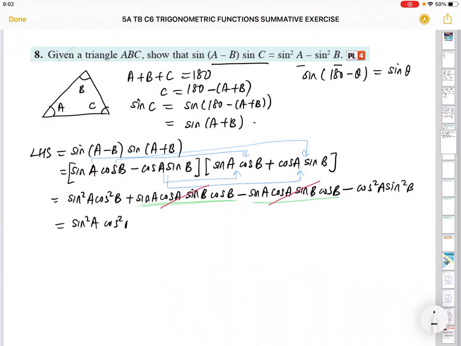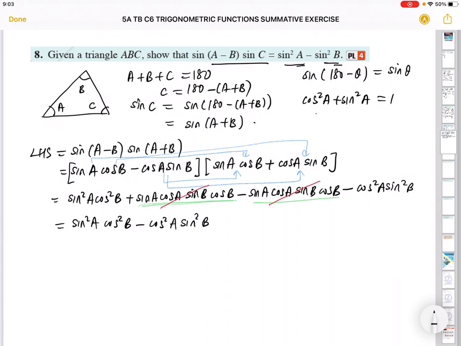From here, we're still not done because if you look at the final answer, it's only sine, no cos, right? Now we know that cos square plus sine square is 1. So we make cos square the subject: 1 minus sine square.